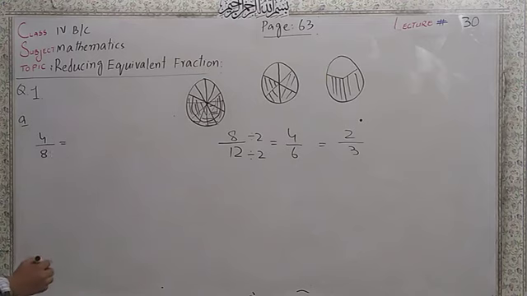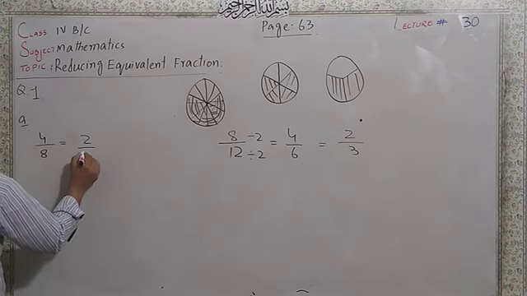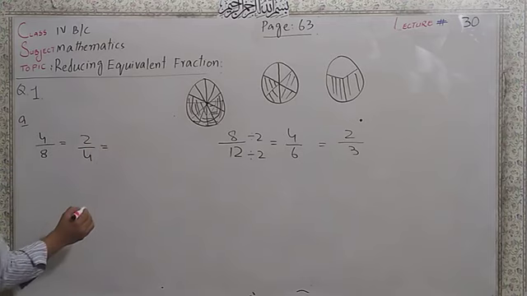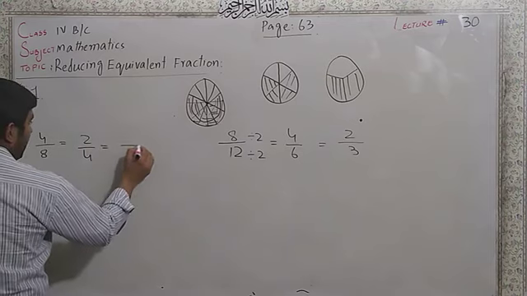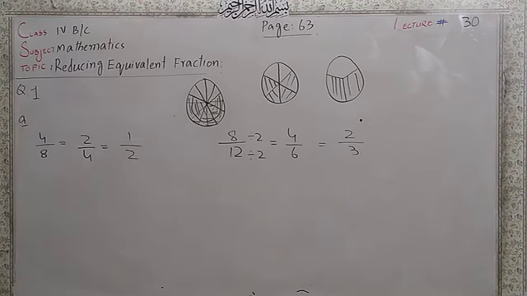And then in the next diagram you have 2 colored parts and total 4. And in the third diagram you have 1 colored part and total 2.